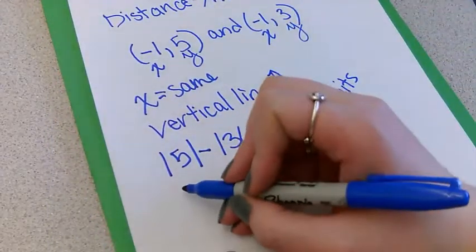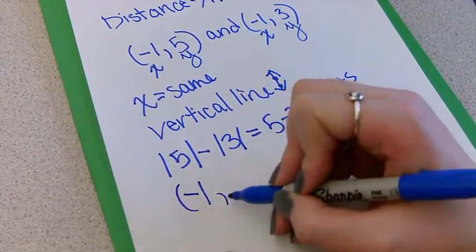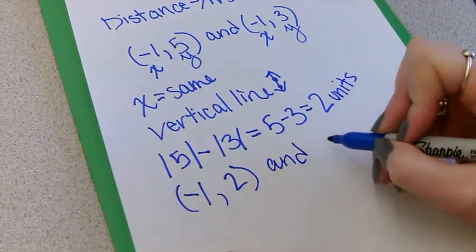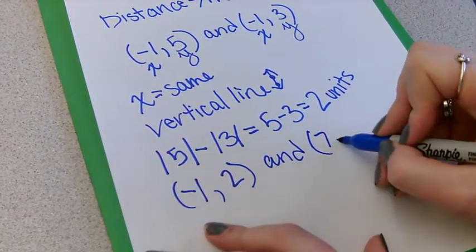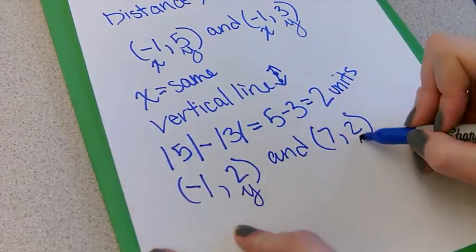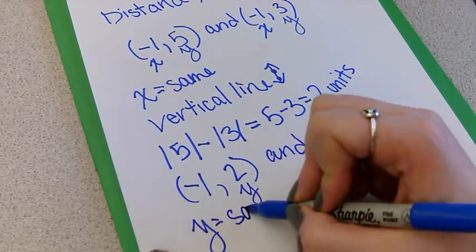Then, if I had (-1, 2) and (7, 2), my y's are the same. Y's same.